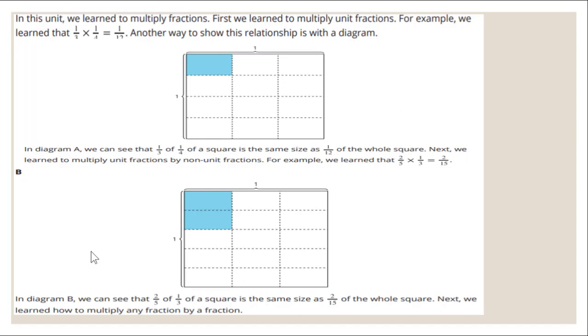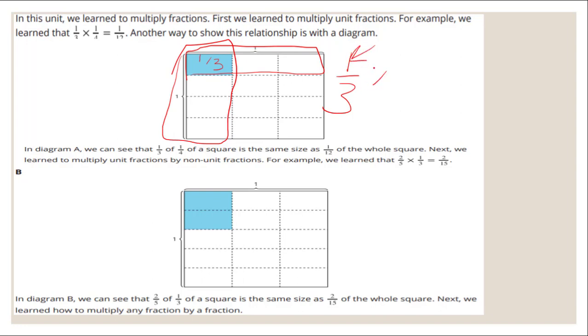In diagram A, we can see that 1/3, that's one piece out of 3 pieces of my column of 1/4, gives me a shaded area of the total square of 1/12.